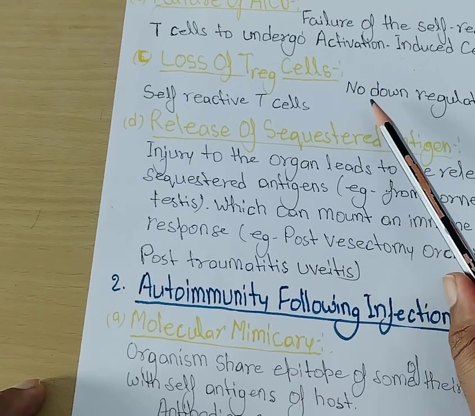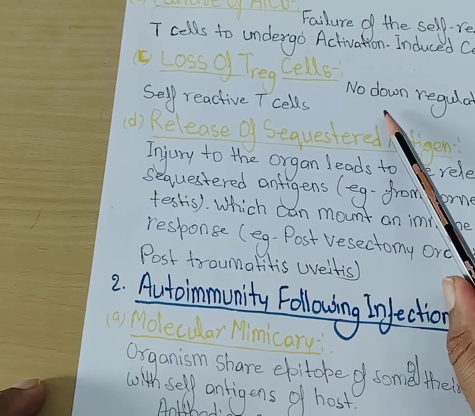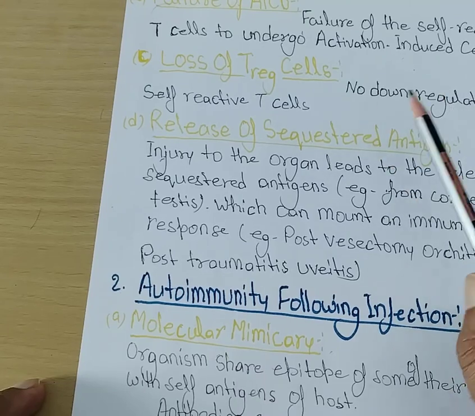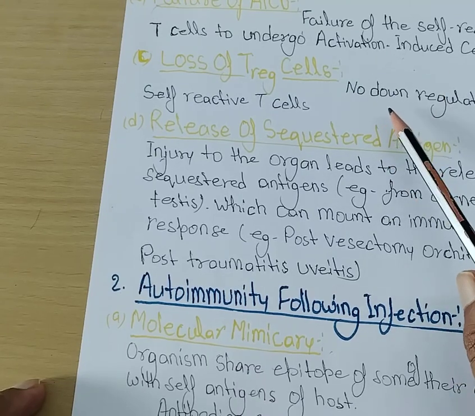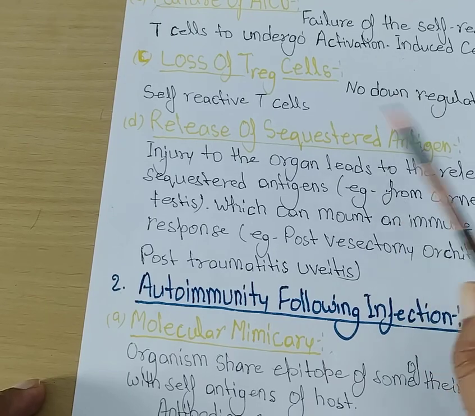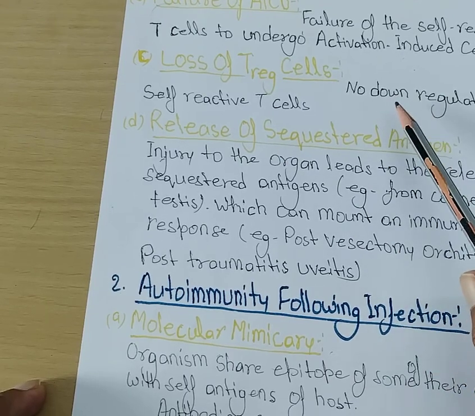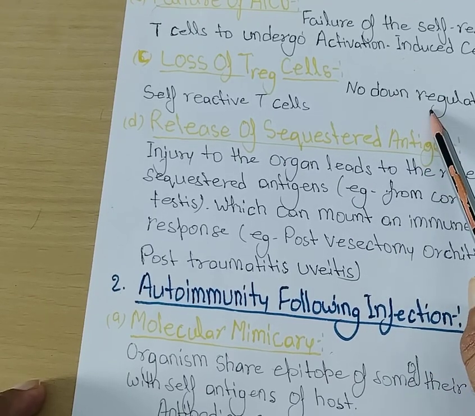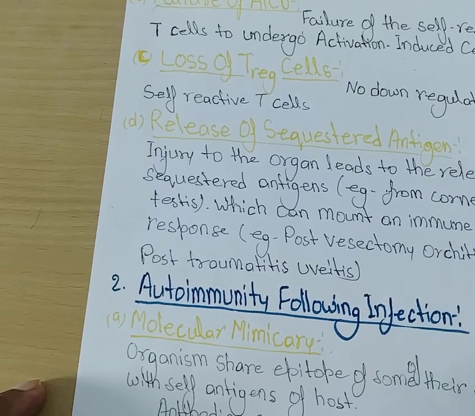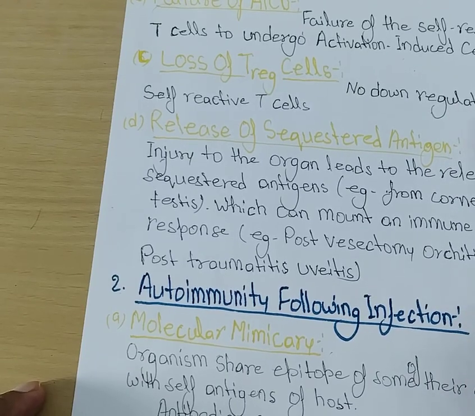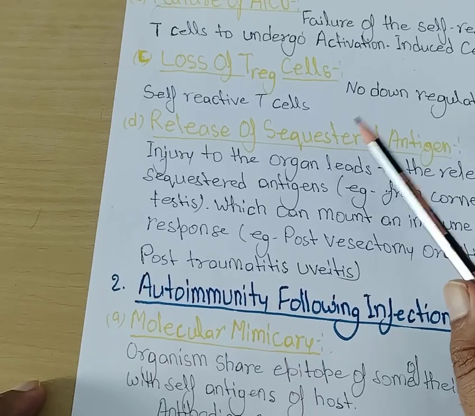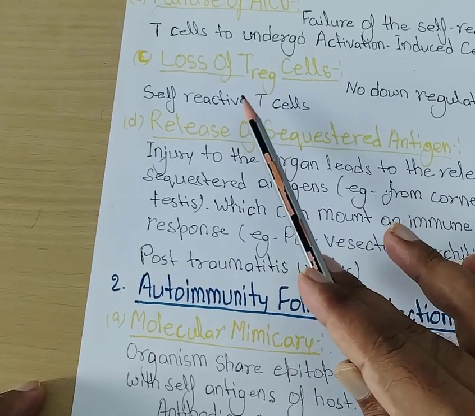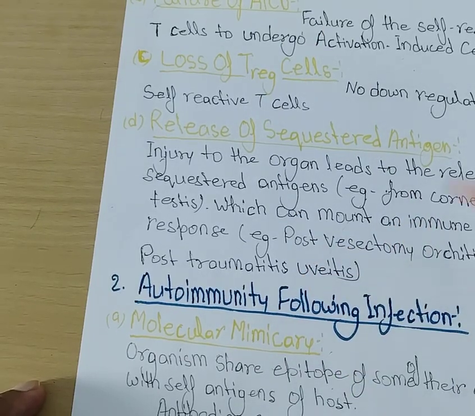Loss of T regulatory cells: in normal conditions they bring down the concentration of self-reactive T cells and so prevent autoimmunity. But when T regulatory cells are lost, the chances of autoimmunity are high.